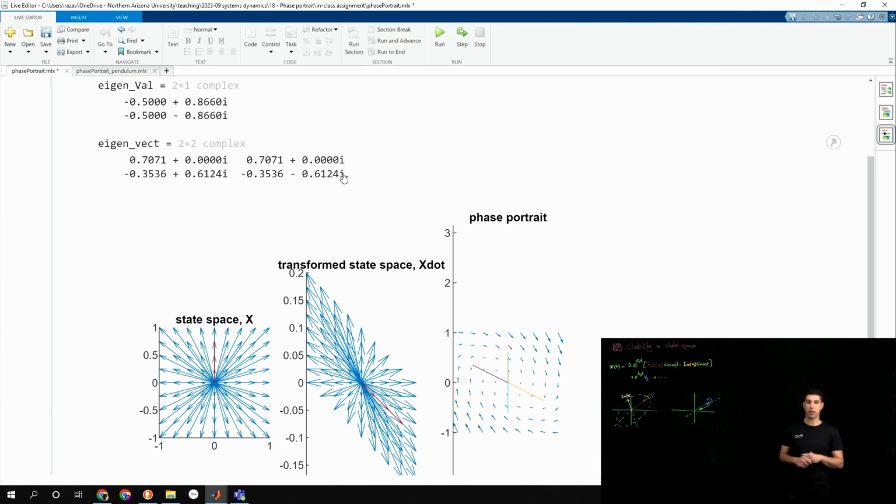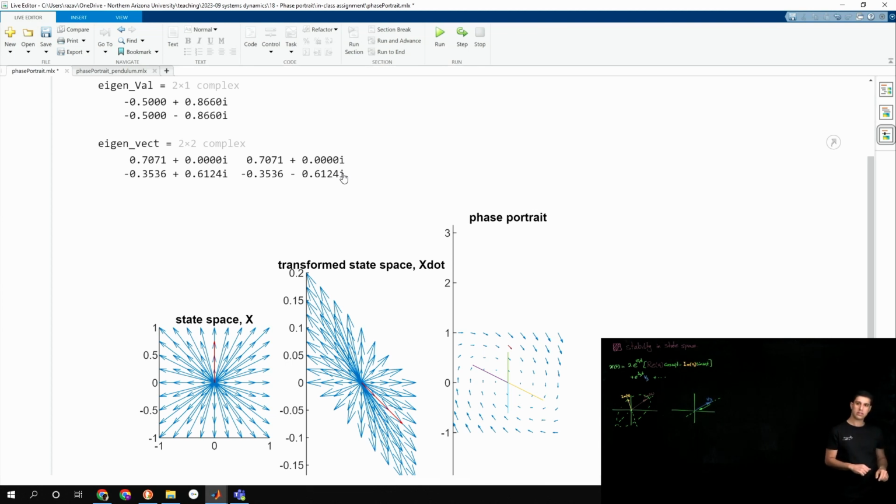And those are the ones depicted in the phase portrait plot. The real and imaginary ones are depicted by the green, yellow, blue, and purple directions. And you can see they form the shape of the ellipse around which the system response is rotating, with smaller and smaller radii until it gets to 0.